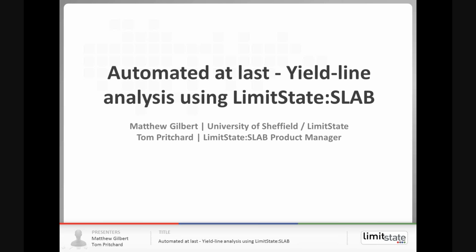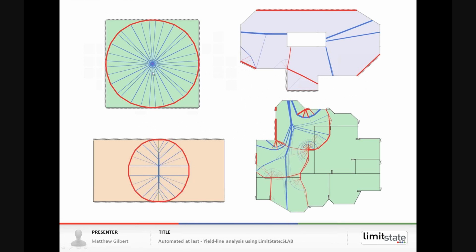Okay, so when we think of Yieldline analysis, we tend to think of the simple failure mechanisms of the sort you see on the left of the next slide, showing on the screen. The key thing is that Yieldline analysis works extremely well if you have simple geometries, simple loading conditions, and simple scenarios effectively.